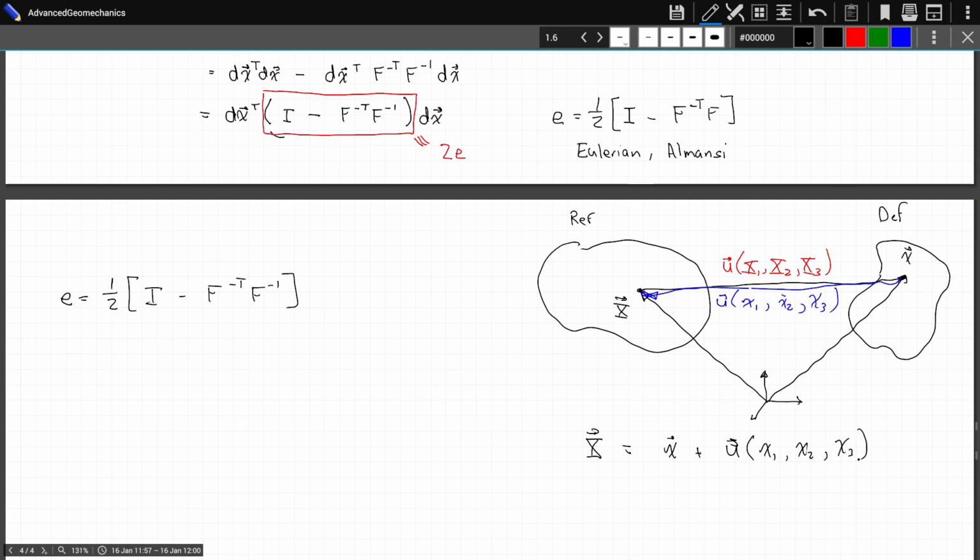Before we wrote it the other way: we said little x is equal to big X plus u, where u is referenced to the reference configuration, big X components. So now we're just writing that equation the other way, in terms of this vector and that vector.